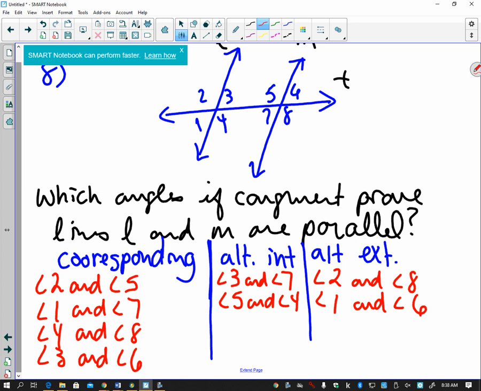So no matter how those parallel lines and the transversal show up, you need to be able to identify these 3 categories. They're going to give you 4 different options. Only one of them is going to fit, and it may not be a corresponding angle. It may be alternate interior or alternate exterior. You need to know what corresponding angles look like, what alternate interior angles look like, and what alternate exterior angles look like.